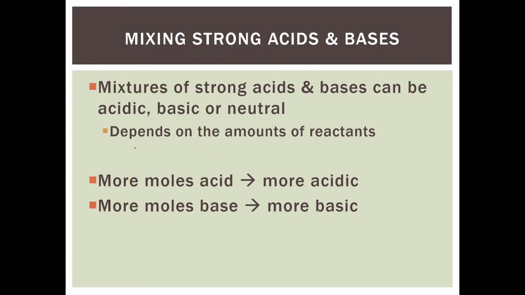Because if you recall, our generic acid-base reaction will be as follows. Acid plus base will produce H2O and a salt. And depending on the balanced equation, we just have to calculate, okay, do we have enough acid to react all the base? If we do, do we have any leftover acid? Or similarly, do we have enough base to react with all of the acid?